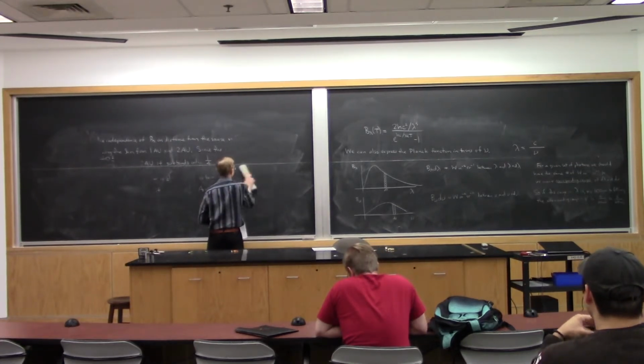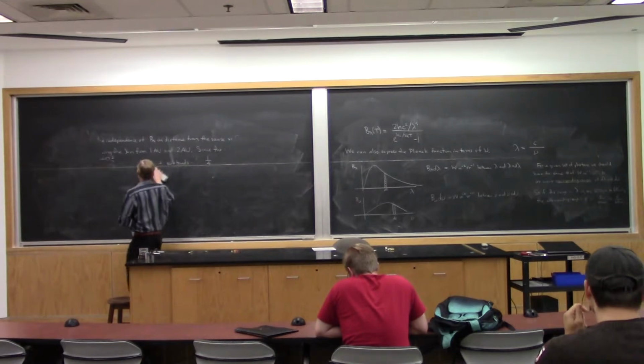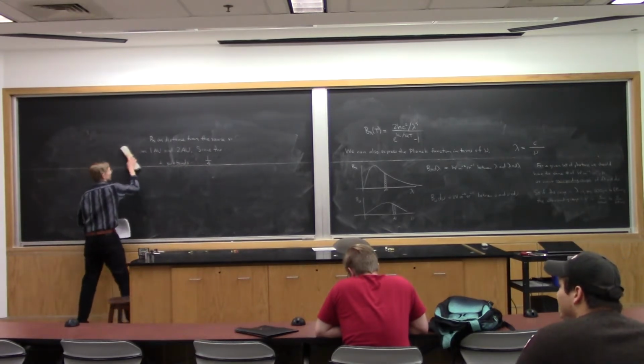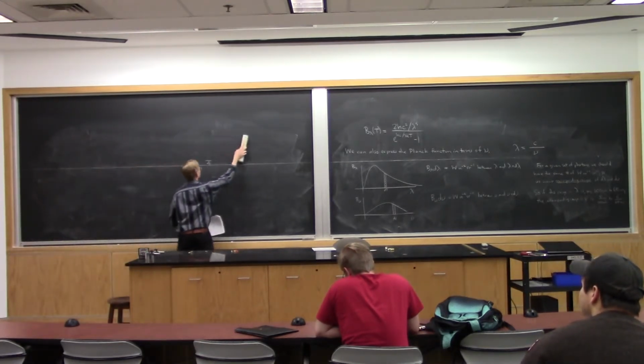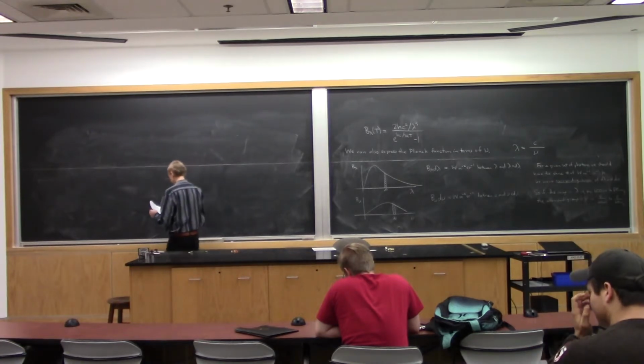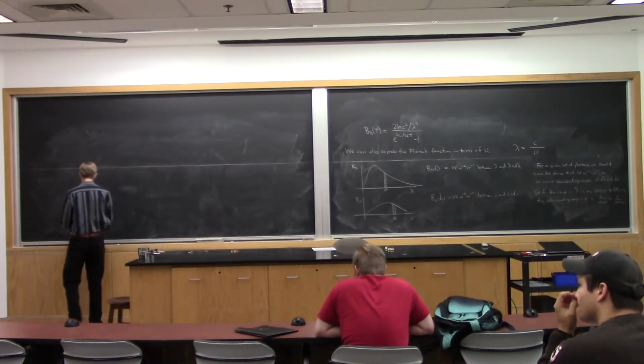Now, while in principle you could do c over lambda 1 and c over lambda 2, we're considering little ranges, and so we want to think in terms of differentials. So in other words, what we want to do is this.